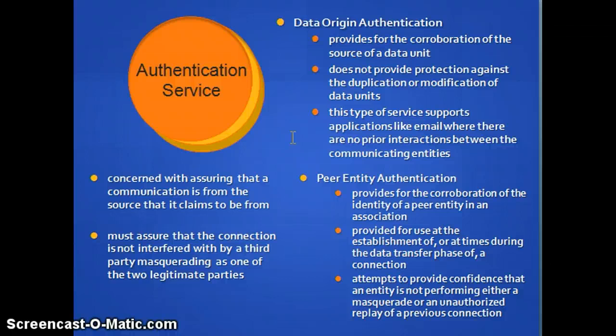It must assure that the connection is not interfered with by a third party masquerading as one of the two legitimate parties. We would like to prevent any intermediate attacker from impersonating one of the two legitimate users. Then the first security service is authentication.